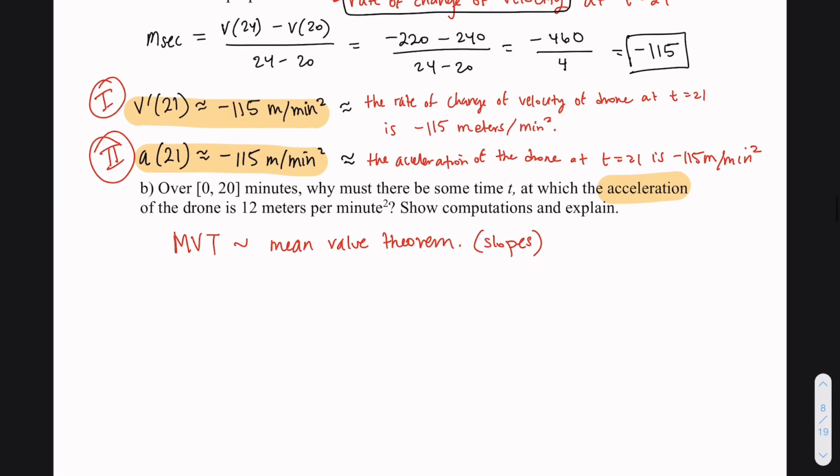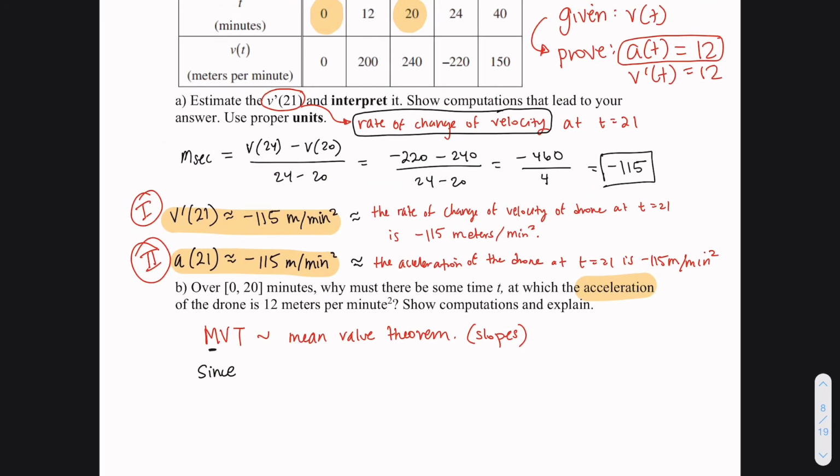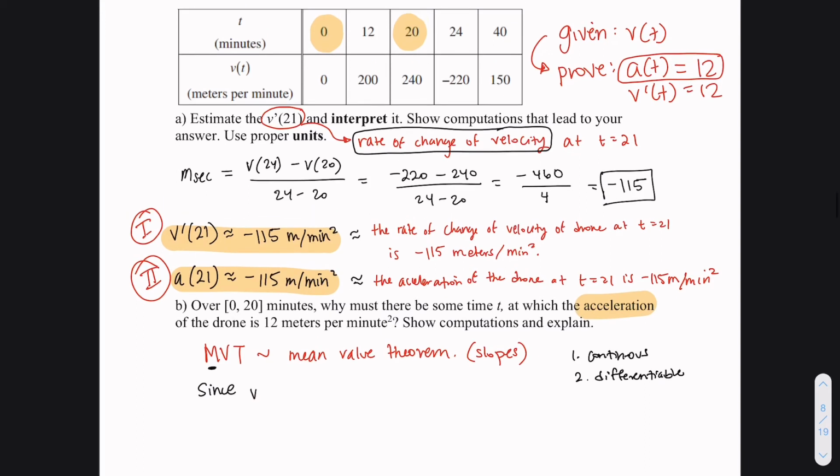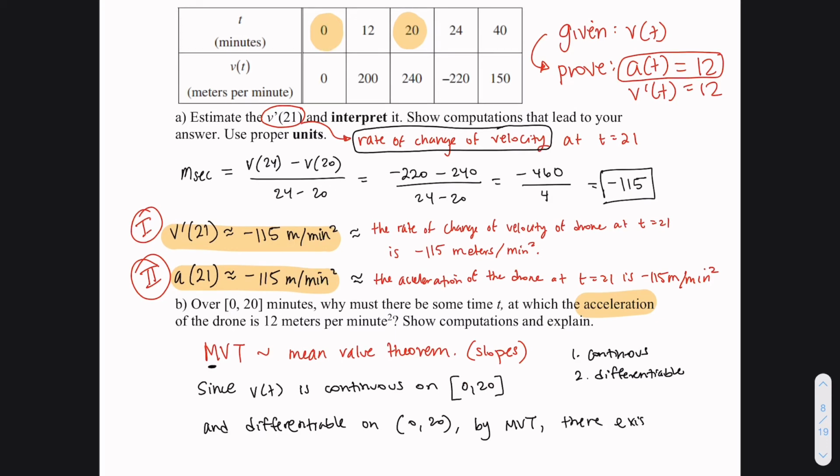So very straightforward MVT. Hopefully you have it memorized. It goes like this. When we're dealing with slopes, we have two conditions. The first one is always that it's continuous, but the second one, when we're dealing with slopes, we have to say it's differentiable. So since v of t is continuous on the closed interval, okay, so we can just end with saying m sec equals m tan, but then we need to actually show the work.